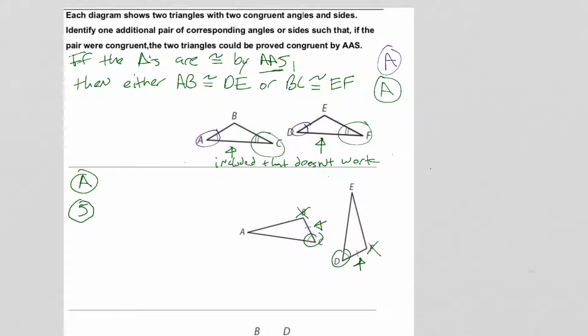In order for these two triangles to be congruent by the angle side theorem, then we would need to know that angle A is congruent to angle E. That's what we need to know.